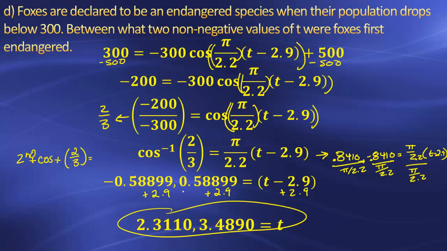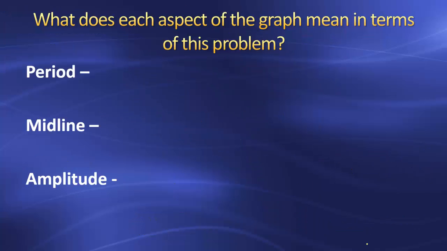So at 2.3110 years and 3.4890 years is the period of time that the population dropped below 300. So you would write that. You could also write your answer in interval notation, and this is actually probably better. So in that interval, the population was below 300.